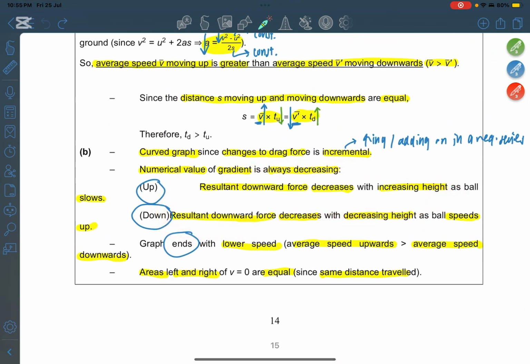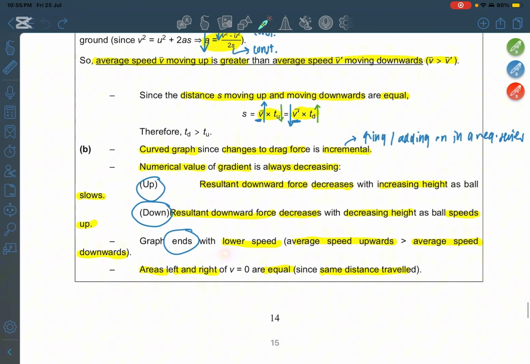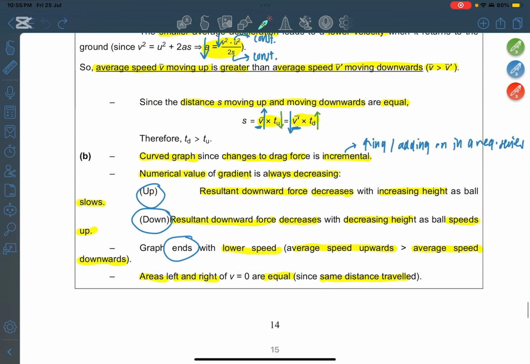So basically, the graph will end with a lower speed because the average speed upwards is larger than the average speed downwards. It starts to slow down, right?